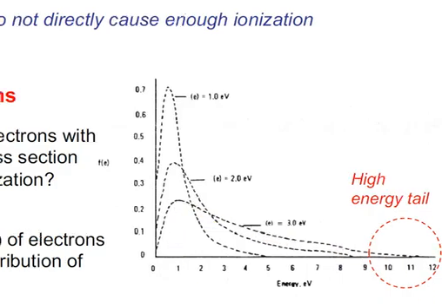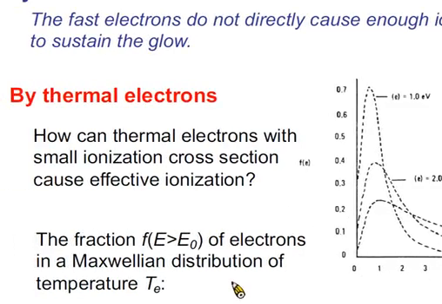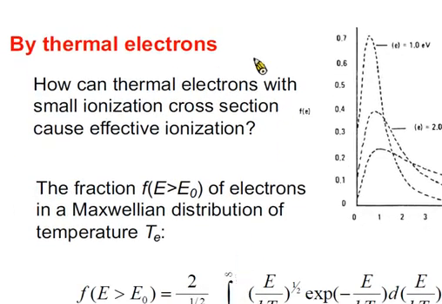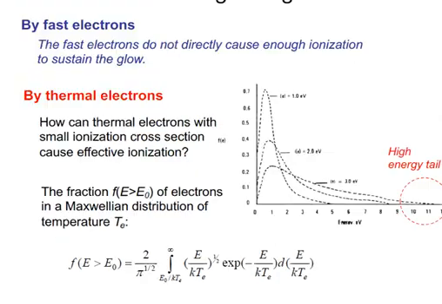Okay, and if we want to generate plasma, we need to flow gas inside a plasma system. For example, in order to generate argon plasma, we need to flow argon gas in the system.